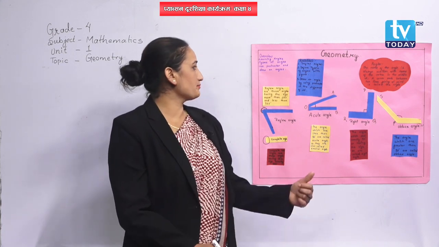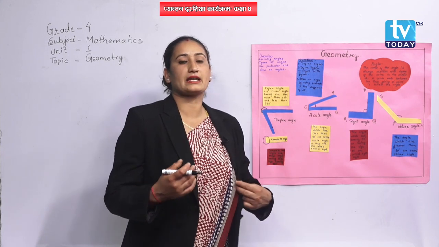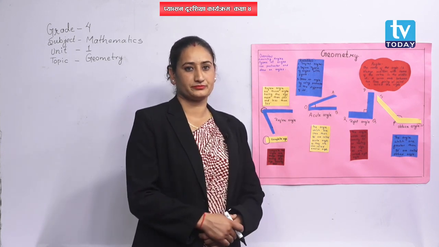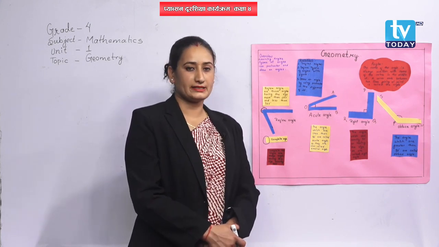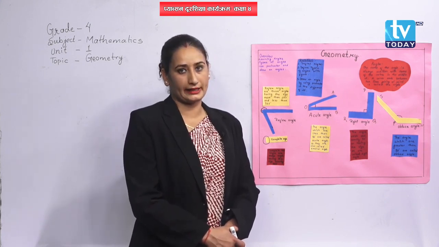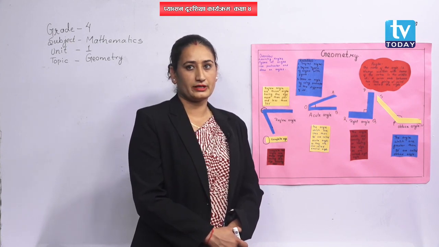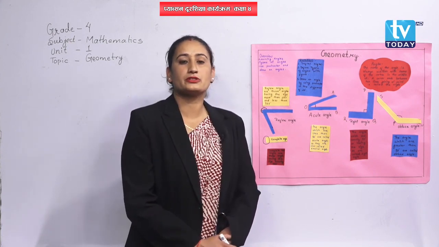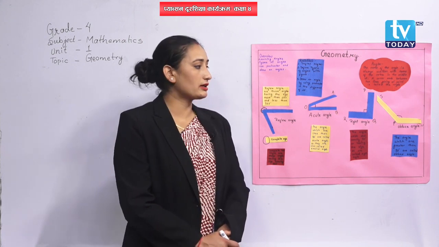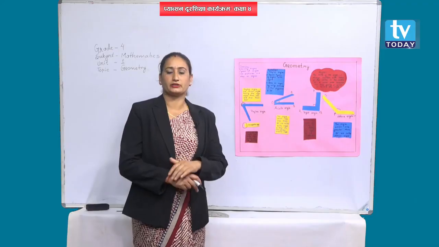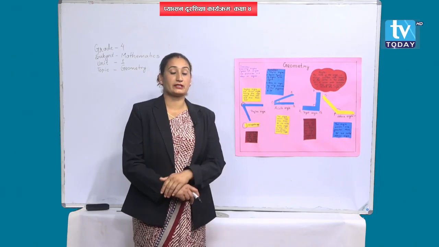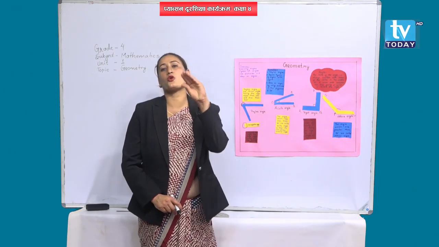Next, you are going to learn about the types of angles. First one is the acute angle. Why do we call it an acute angle? Do you know? One interesting thing is it's a smaller angle.